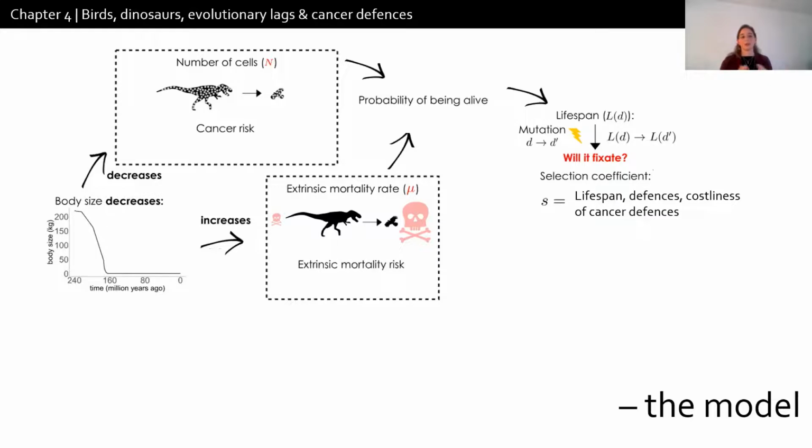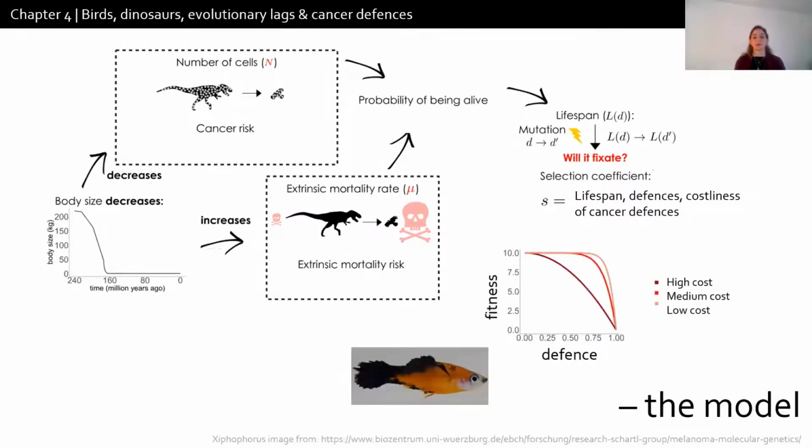You don't have to know everything about how the selection coefficient was calculated, but it depends on lifespan, cancer defenses, and costliness of cancer defenses. And what I mean by costliness of cancer defenses: I already showed that this fish, for instance, if males had a large body size, they had higher reproductive success, but also higher cancer risk. So we assume the other way around, if defenses are costly, they might reduce reproductive success.